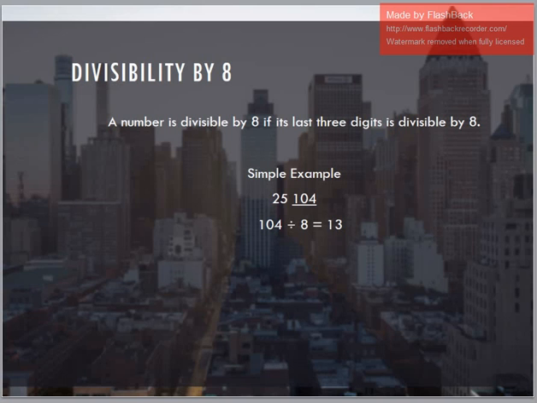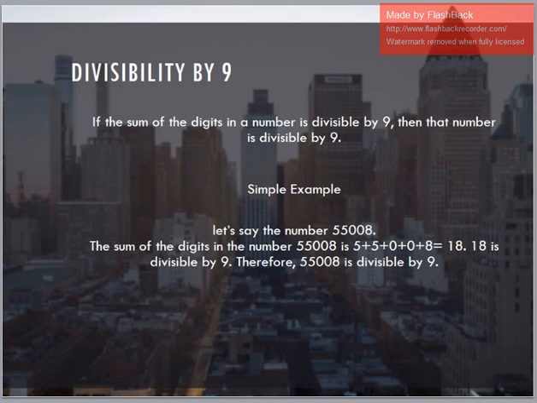A simple example is the one noted here, 25,104. You take the underlined 104 and divide it by 8, and 104 divided by 8 is equal to 13. Therefore, it is a whole number, so the given number is divisible by 8. So, basic lang.